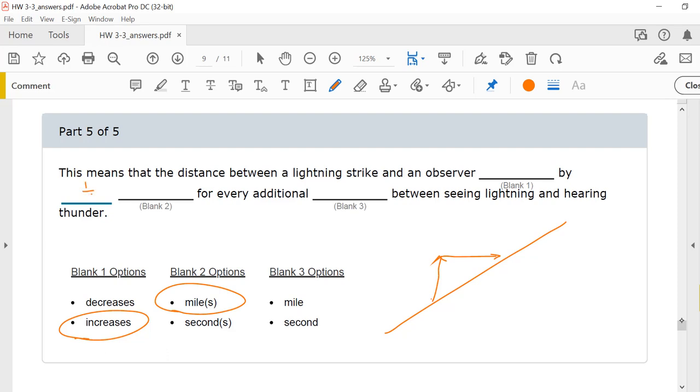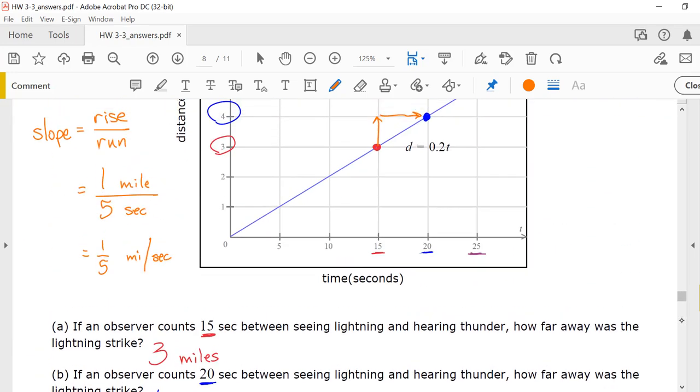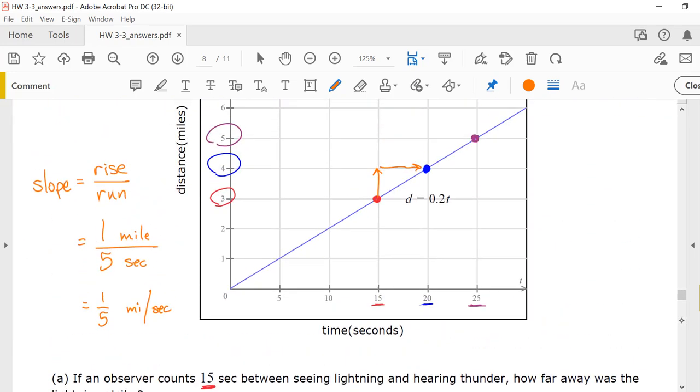So 1/5, it increases by 1/5 miles for every additional second between seeing the lightning and hearing the thunder. Now, look again. You went up 1 mile, and then you went right 5 seconds. So this is 1/5 mile per second.